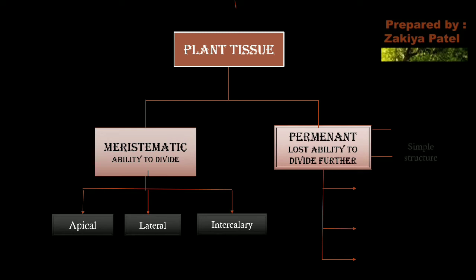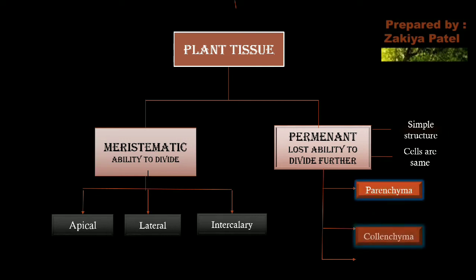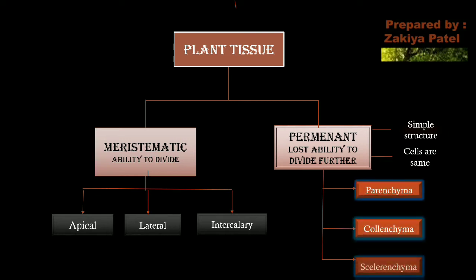Permanent tissue is further classified into simple permanent tissue and complex permanent tissue. We had completed the simple permanent tissue, that is parenchyma, collenchyma and sclerenchyma. Now, before going to complex permanent tissue, we have to learn about the protective tissue. Okay, so let's begin.